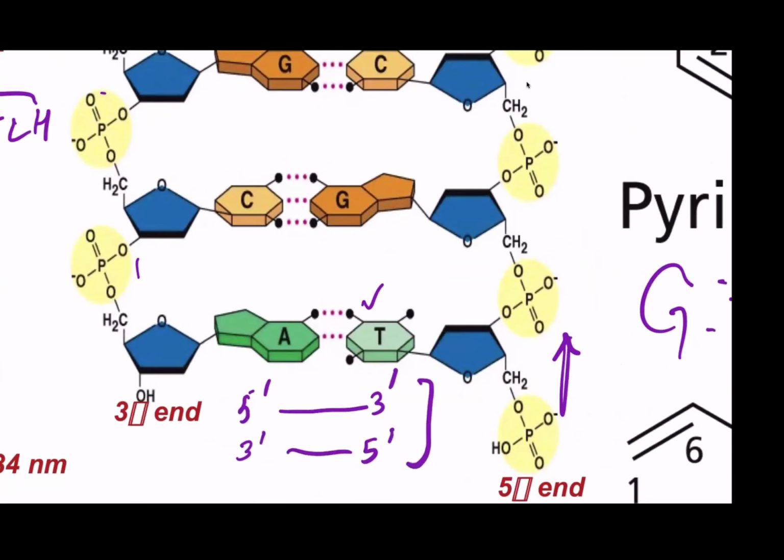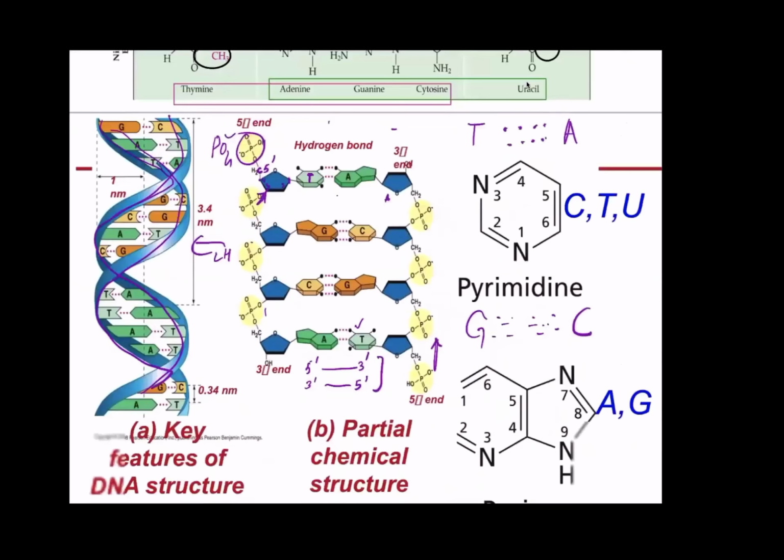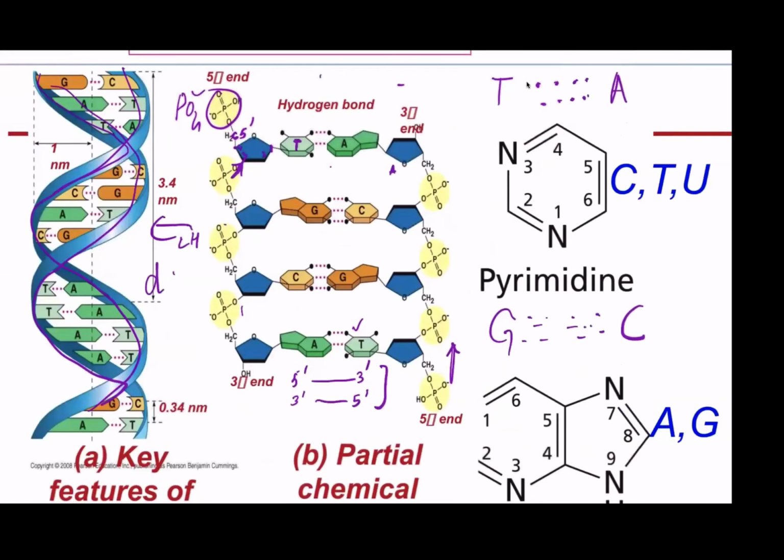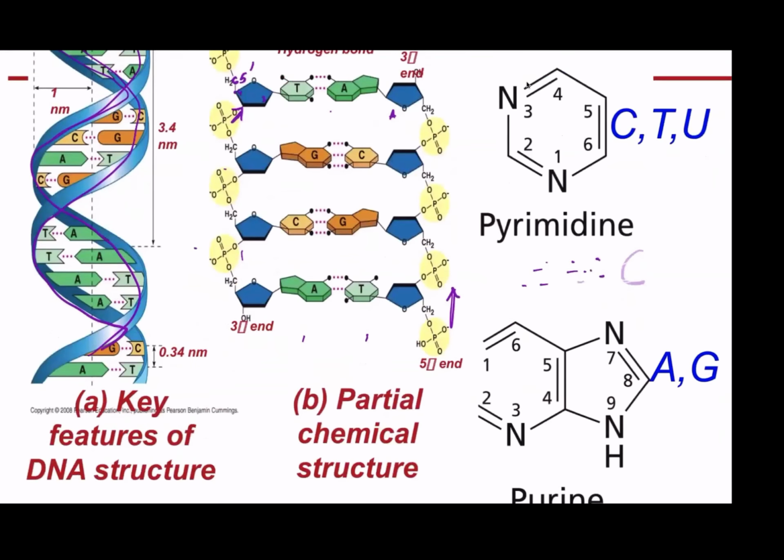And we call this situation anti-parallel. So we say DNA is double-stranded, helical, and anti-parallel. These are the 3 things that describe a DNA. It's double-stranded, anti-parallel to one another. It's complementary because A always pairs with T, G always pairs with C. And we also call them these single rings, as you can see, thymine.